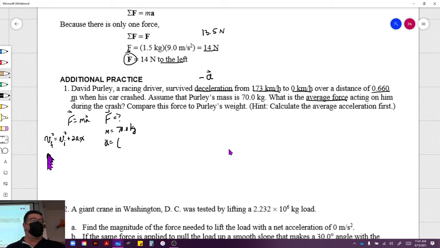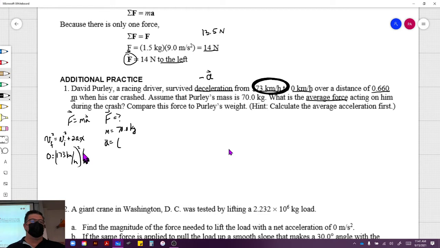Okay, velocity final equals 0. Velocity initial is 173 kilometers per hour. We're going to square that.